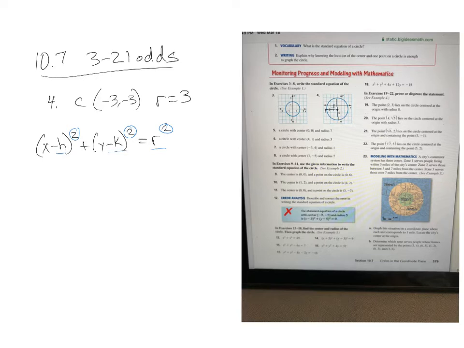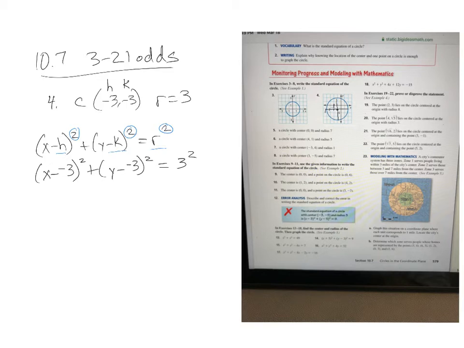So let's go back and talk about what we're doing on number 4. The center is -3, -3. So our parentheses, x minus h and k would be your center values. So -3. Don't forget your square. Another parentheses, y minus the k, which is -3. And equals the radius squared. Now you're not done.